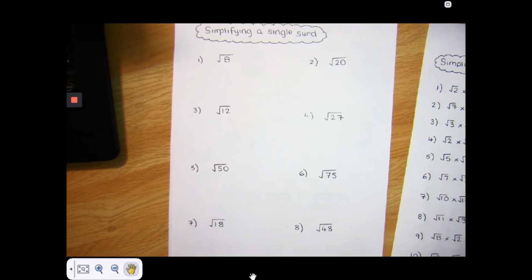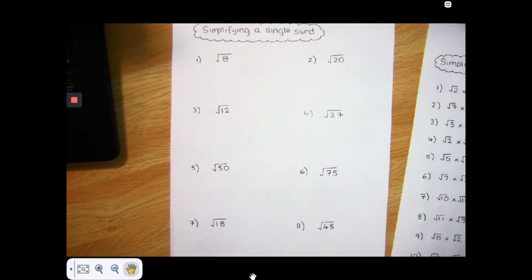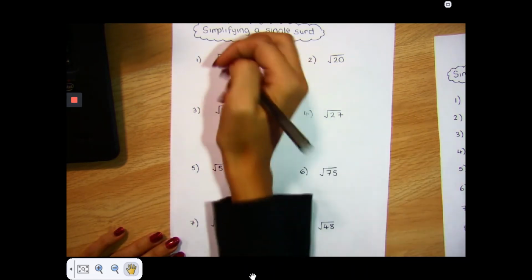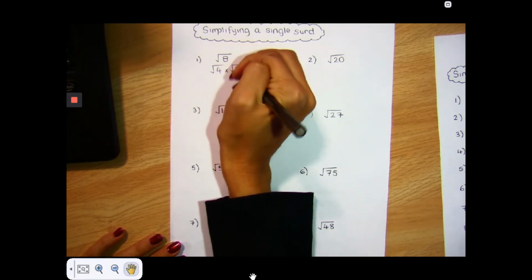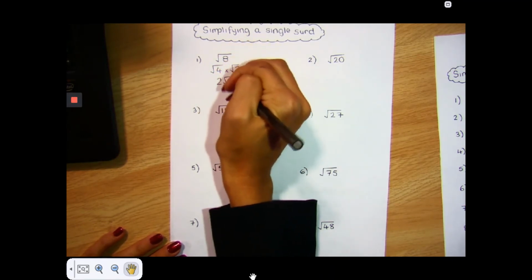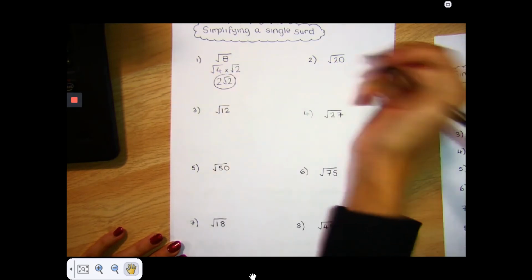So here are the answers then. I'm going to break this one up into root 4 times root 2, which is 2 root 2. This one, root 4 times root 5, which is 2 root 5. This one will become root 4 times root 3, which is 2 root 3.